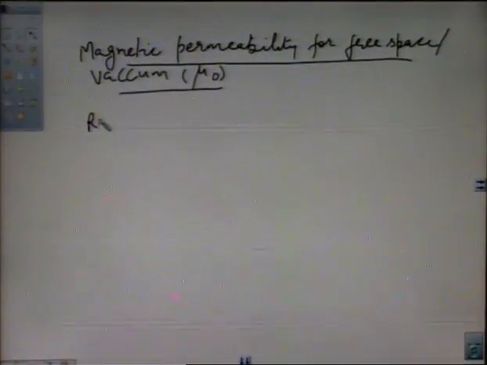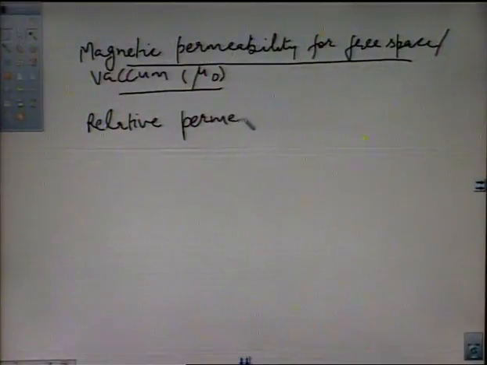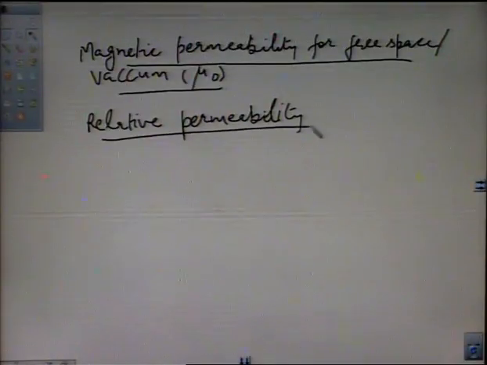Next is the relative permeability. It is denoted as mu r.